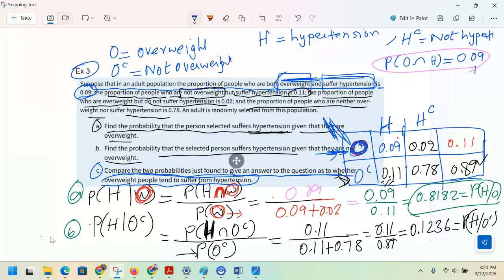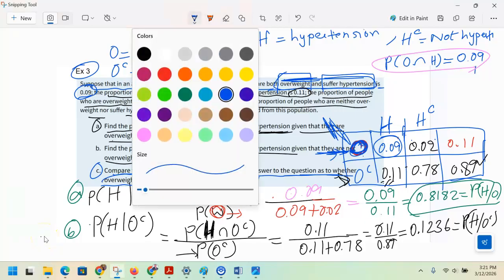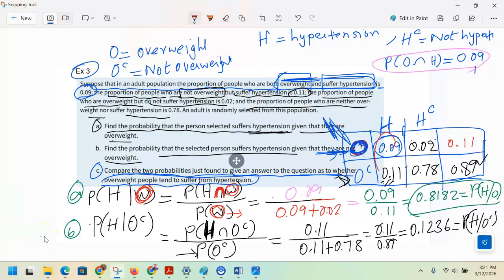The proportion of overweight people suffering from hypertension is 0.9, and of overweight people not suffering is... So if you look at these two numbers, this is important.